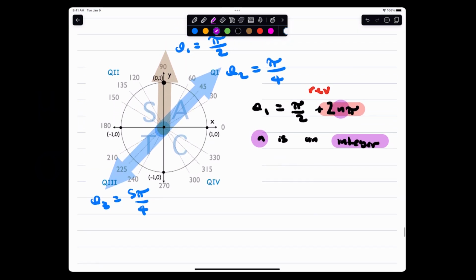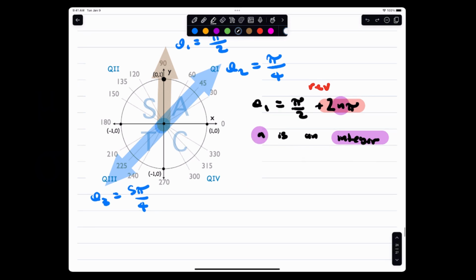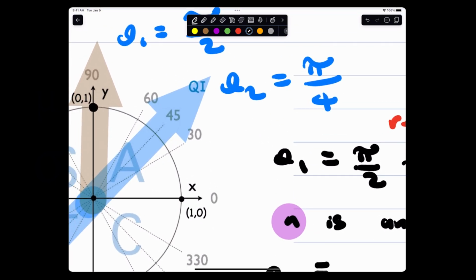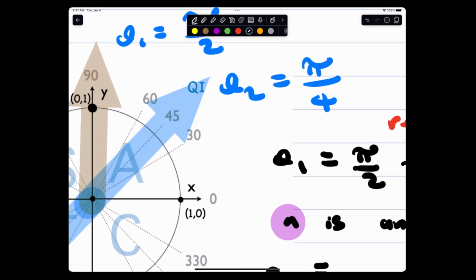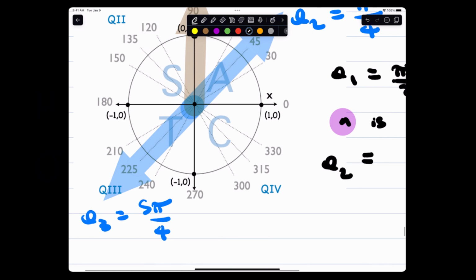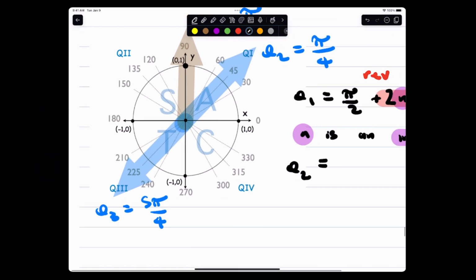Now, look at theta 2. How do I handle theta 2? Well, what is theta 2? I wanted to share these pictures because a picture is worth 1,000 words. So the second solution here would be pi over 4, 45 degrees. And what do you notice about the third solution? It's 5 pi over 4.